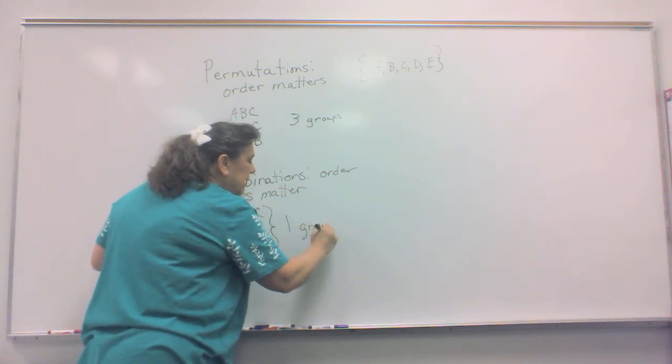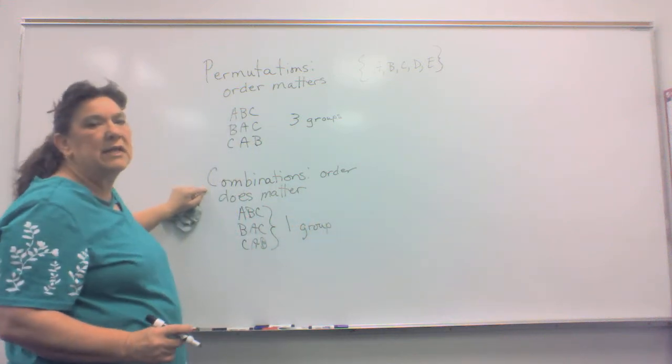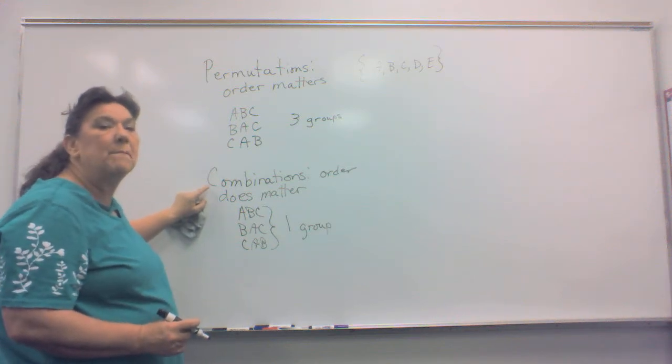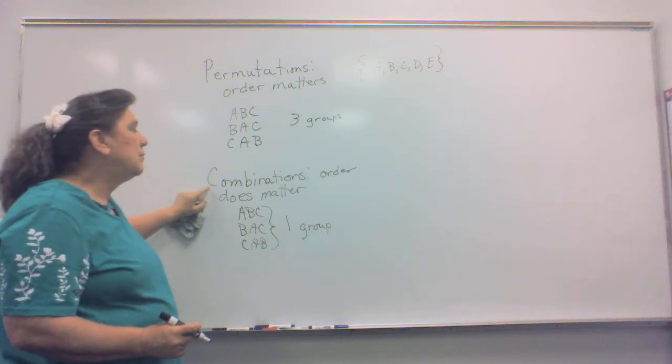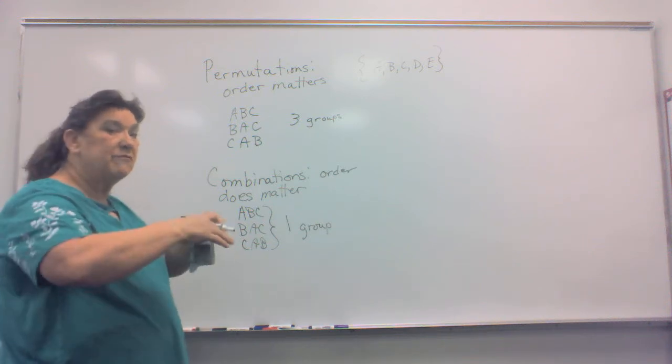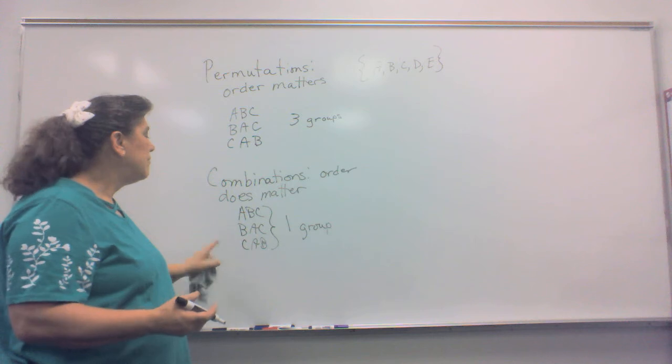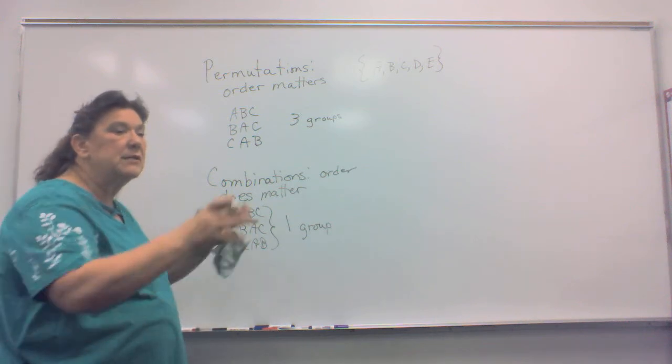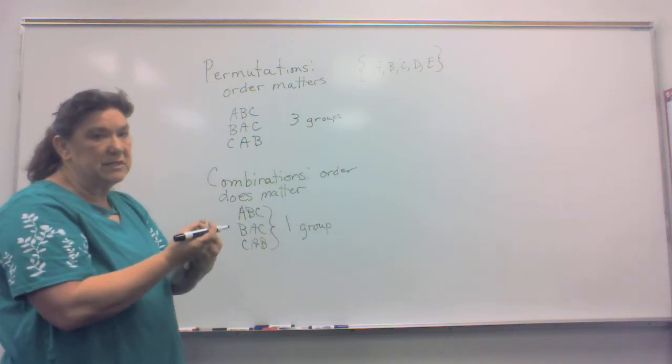In other words, in combinations, it's like you're selecting a committee of people. And when you're selecting a committee of people, there's no positions, there's no first, second, and third place. Therefore, the order does not matter because it's just a group of people that have been selected out.